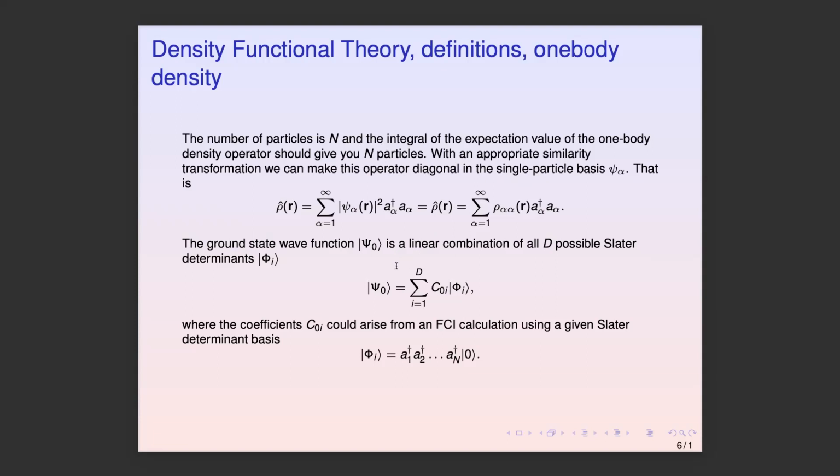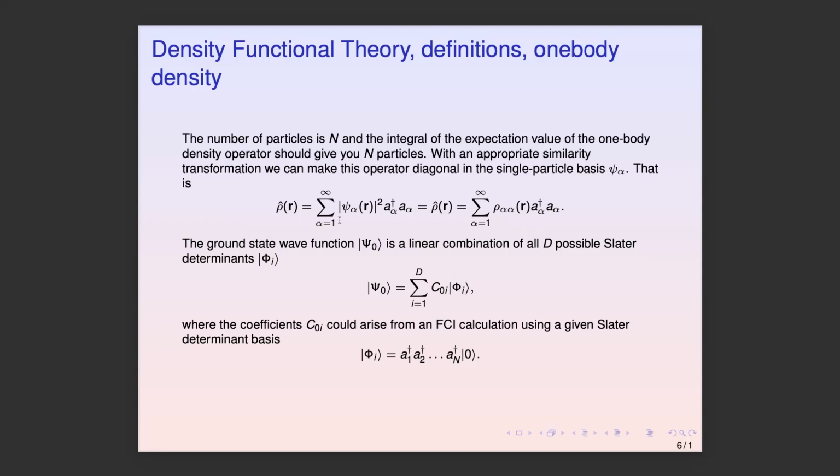And if you now have a many-body state like this, we know that it can be a linear combination of Slater determinants, or there can just be one Slater determinant. And remember now that the Slater determinant is just given as the product of these operators.